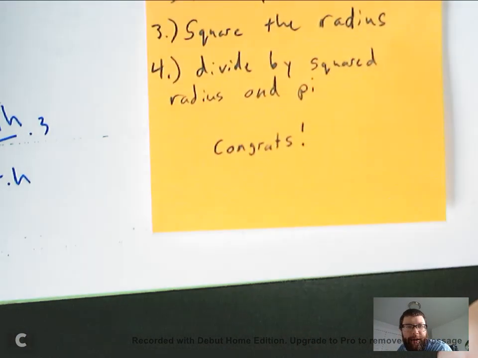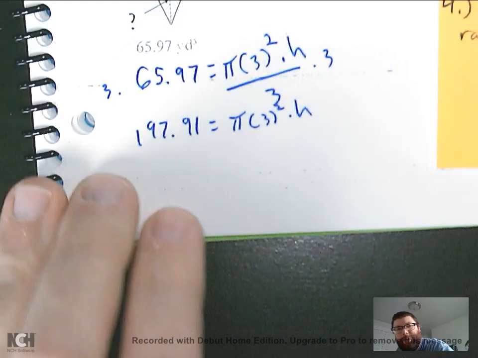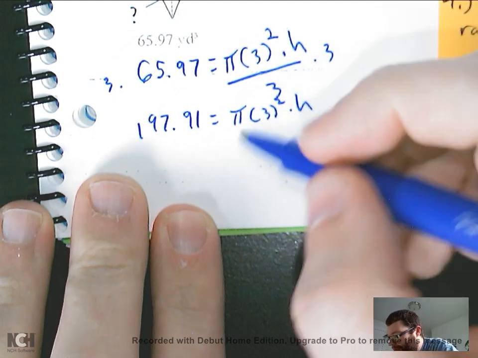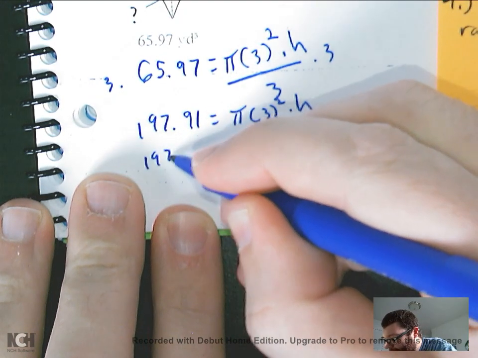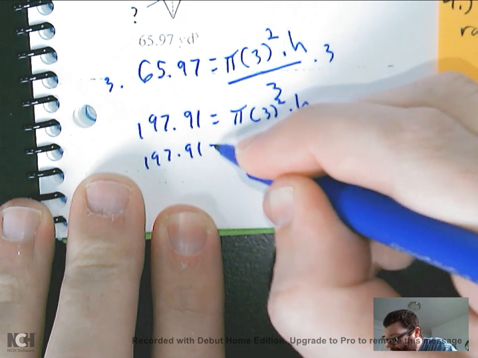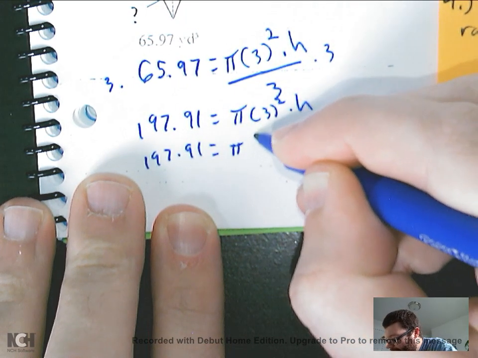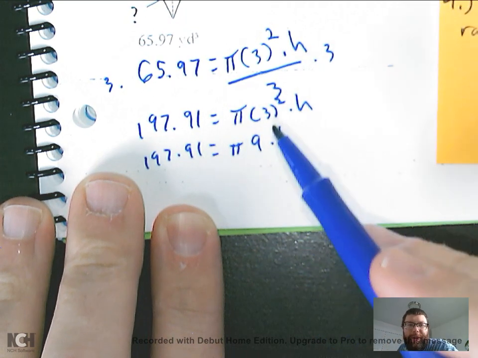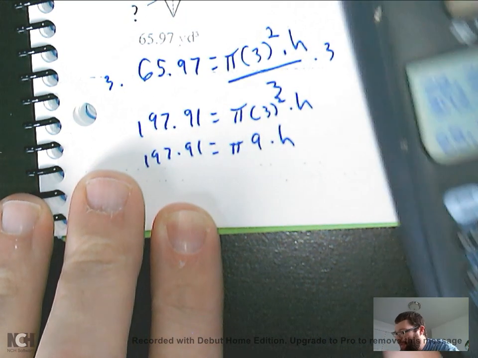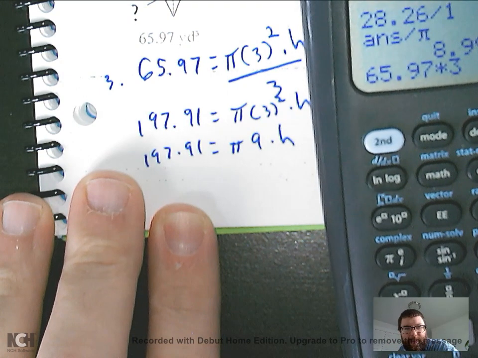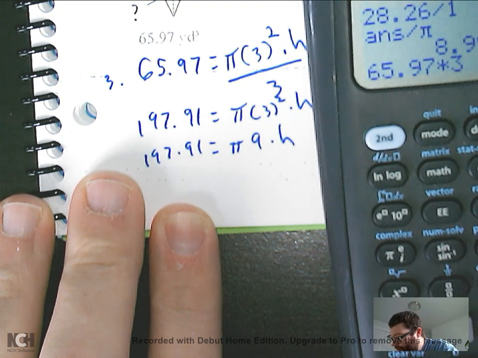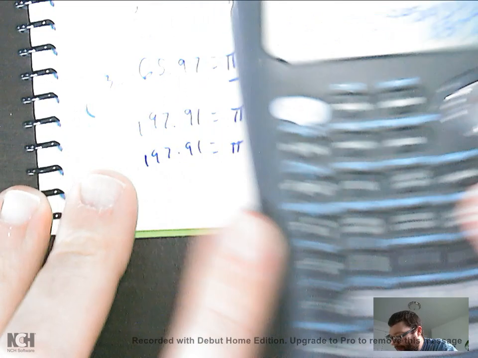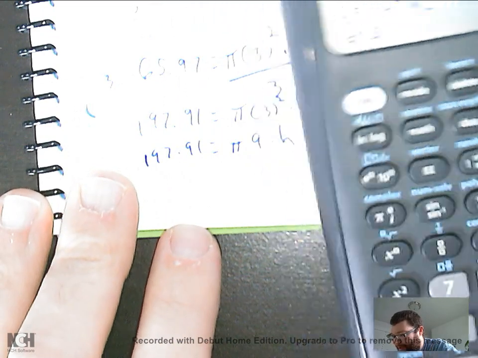Okay, next step is to square the radius. So 3 squared is 9, so 197.91 is equal to pi times 9 times the height. And then the last step is just to divide by the pi and the 9. I'm just going to divide them individually.